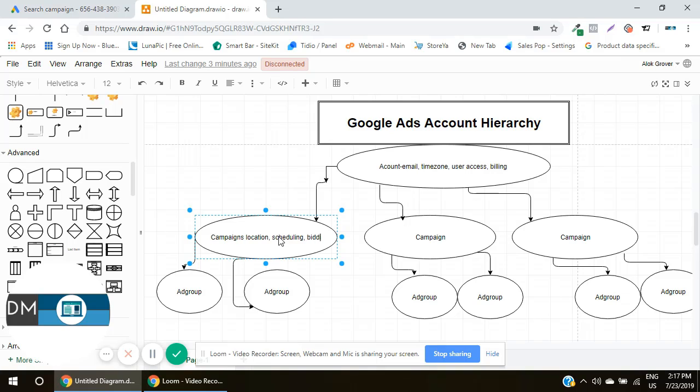How would you want to bid? Do you want to bid manually, set your own limits to your bids, or allow Google to set up your bidding strategy on its own? Do you want it to be manual, doing it all on your own, or maybe allowing Google to do it for you?